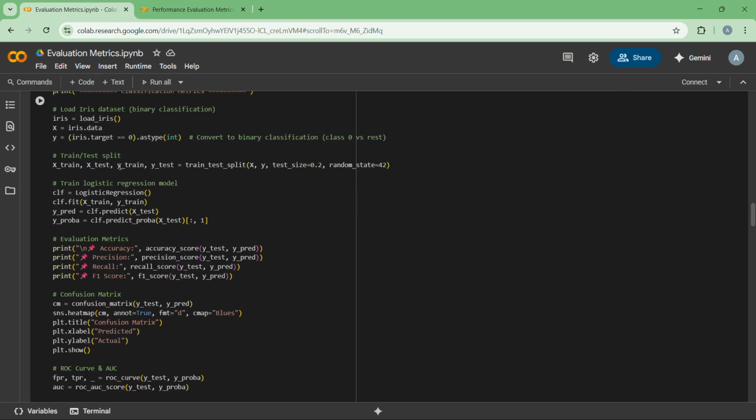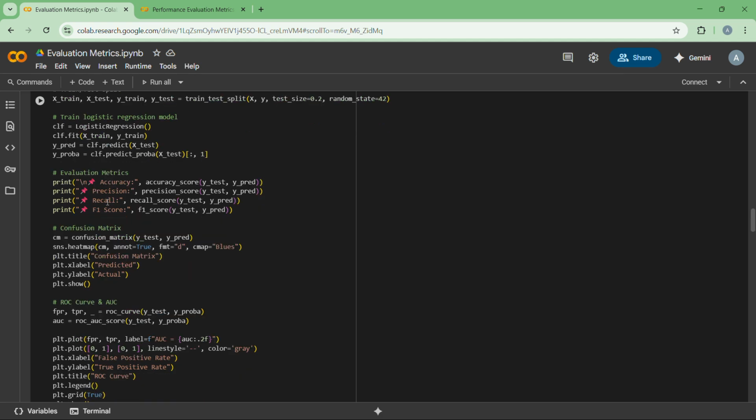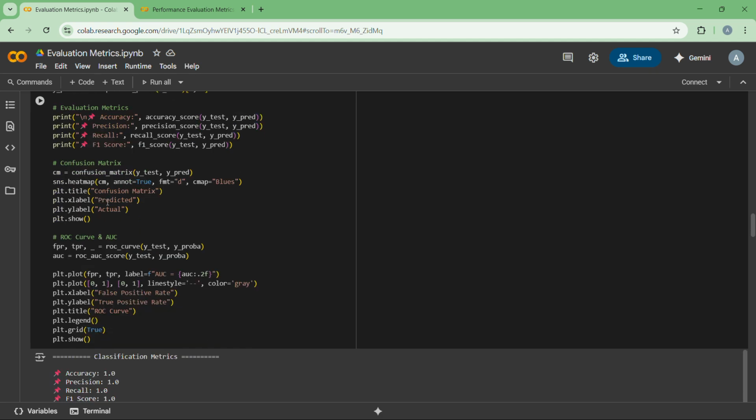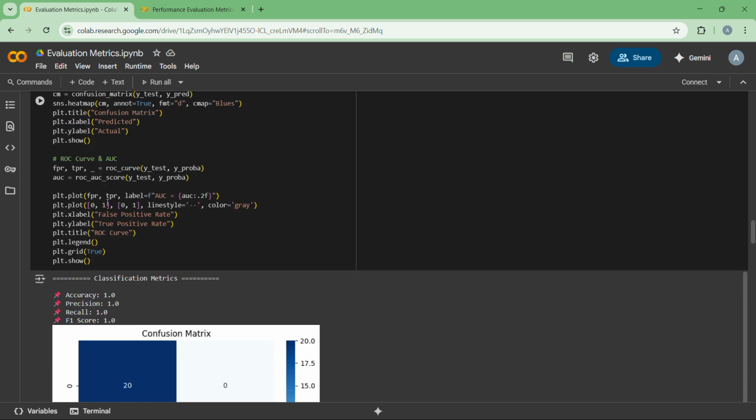I use the logistic regression model, fit the x train and y train values, and get the predicted y values and probability values. Next I print accuracy, precision, recall, F1. I also print the confusion matrix and the ROC curve, and I plot a bar graph to show all this data.